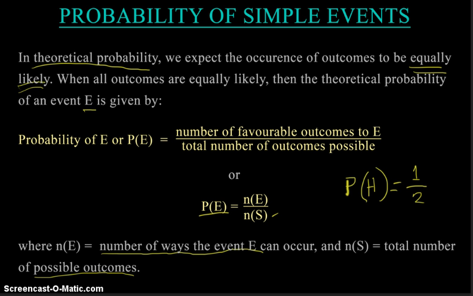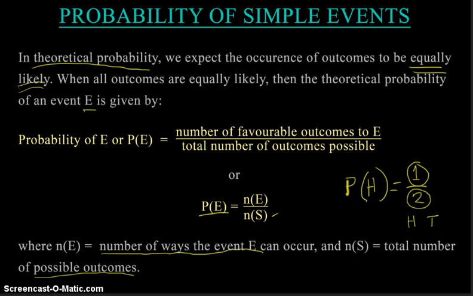Kasi yung head natin is isa lang. Tapos yung possible number of outcomes natin is dalawa. Yung head at yung tail.